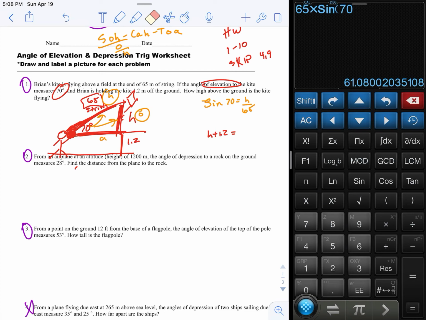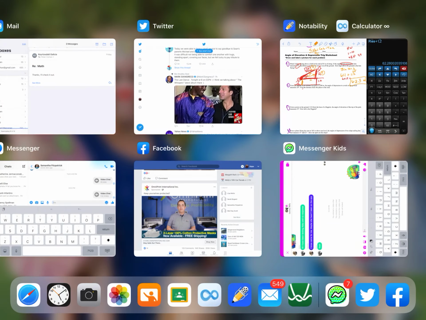All right. 61.1. Okay. And then we're going to add 1.2. Plus 1.2. So 62.3 meters. Okay. Guys, we're only adding because they gave us this extra number that's saying he's off the ground. If they don't give us that extra number, that doesn't matter.